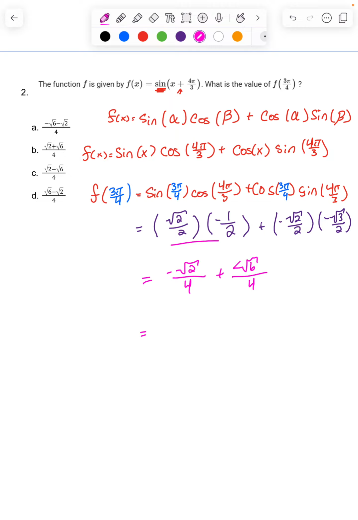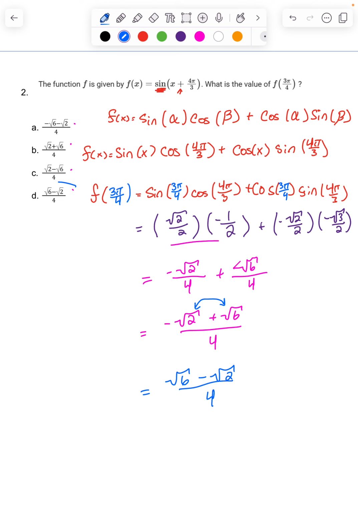The final combination we get is negative square root of 2 plus square root of 6, all over 4. So this is not one of the options here. However, to make it one of the options, we're just going to switch the order of the numerator: square root of 6 minus square root of 2 over 4.